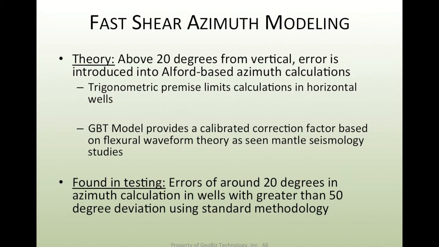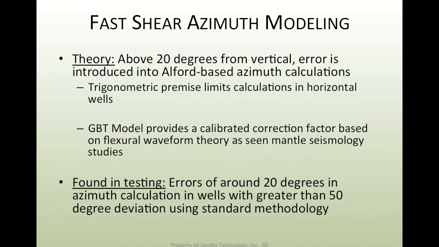So next we're going to very quickly go over our fast shear azimuth modeling. We were doing quite a lot of research about shear anisotropy, the current methods, about Alford, just in general, trying to figure out this fracture identification technique and overcoming some of the problems that we saw with current methodologies.